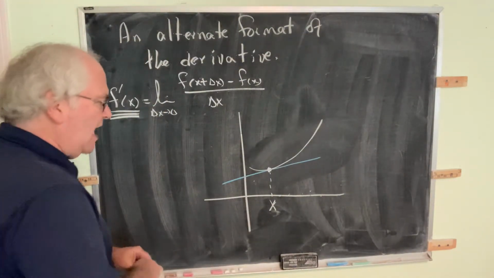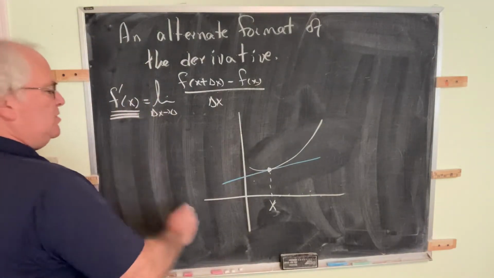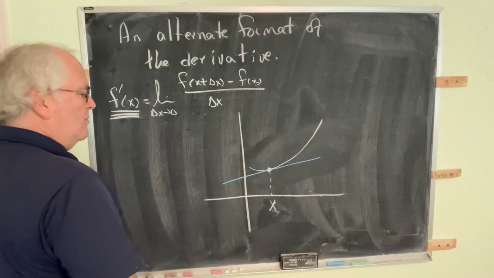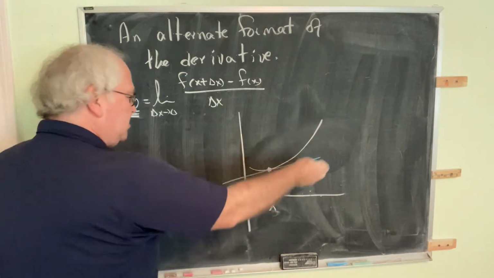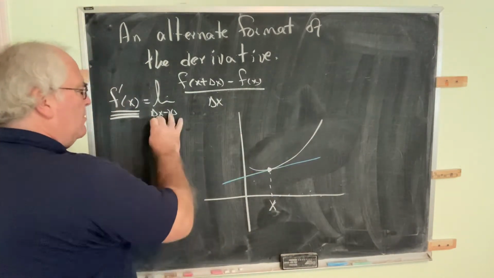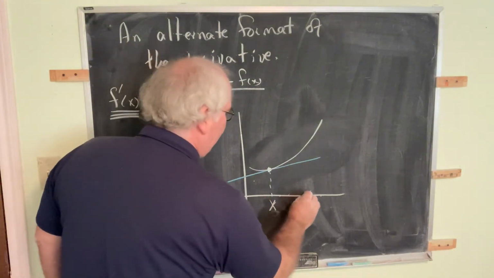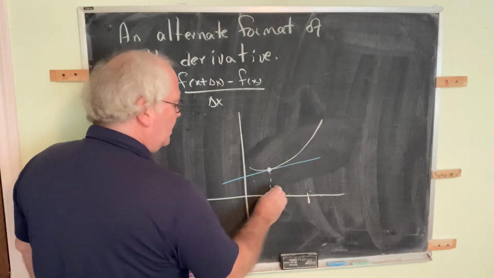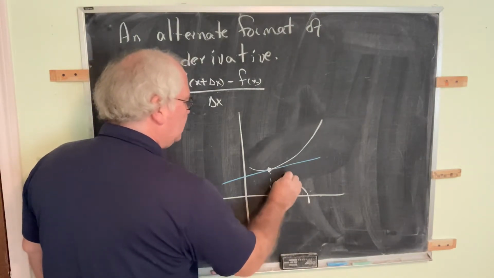Now, what I'm going to do is just change the notation. Remember our work with the tangent line and the secant line? Remember what we said is we choose delta x. Now, where is delta x in my picture? It's not here. This is delta x.